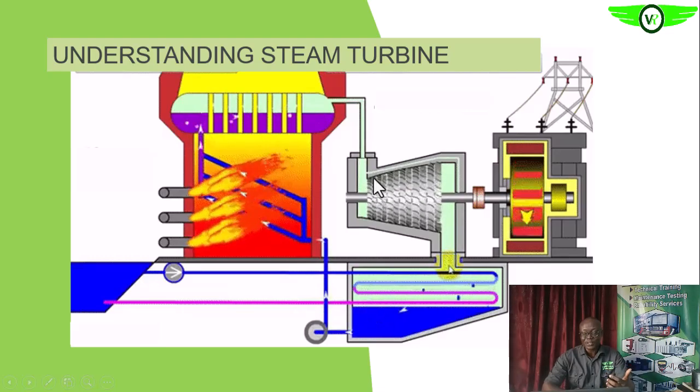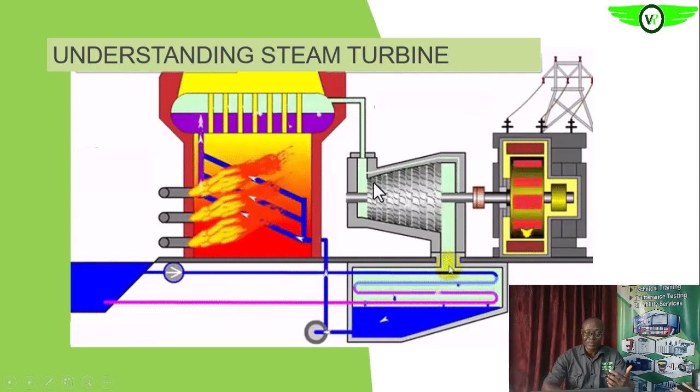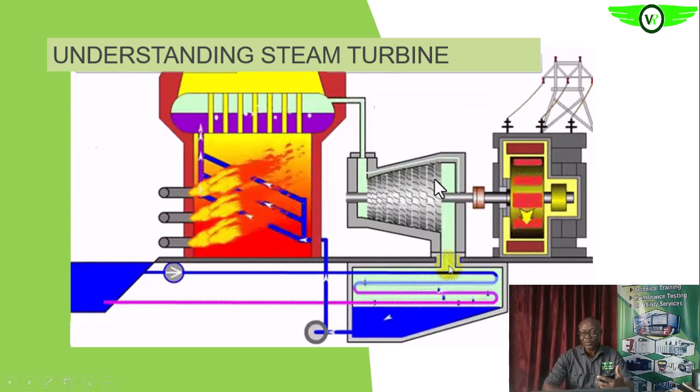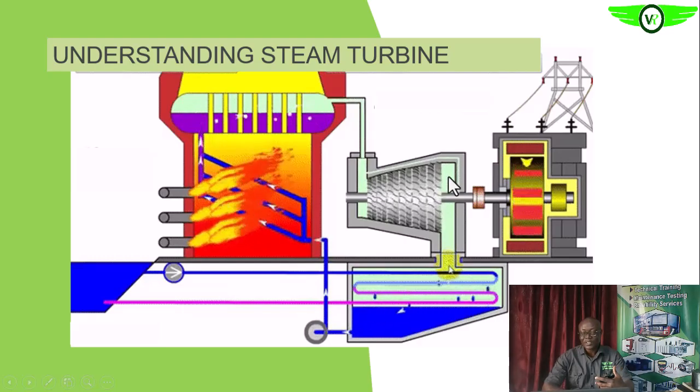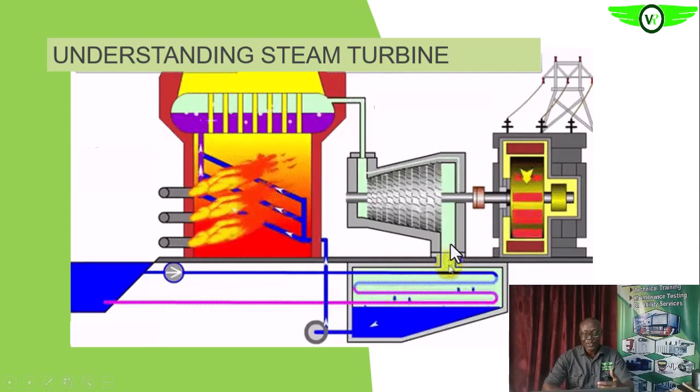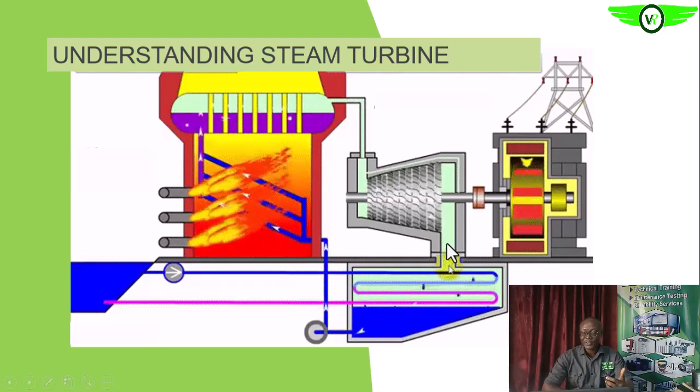That is the rotor, the rotating blades on the rotor. As the steam moves out, more energy is absorbed from it until it comes to the exhaust. This is the exhaust system, and this is a condensing turbine.